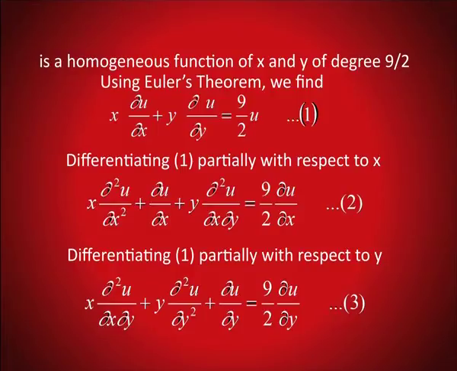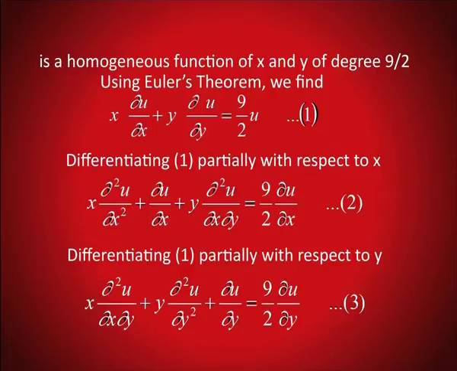Now, we will differentiate equation 1 partially with respect to x and y. Differentiating partially with respect to x, we find x ∂²u/∂x² + ∂u/∂x + y ∂²u/∂x∂y = (9/2) ∂u/∂x.